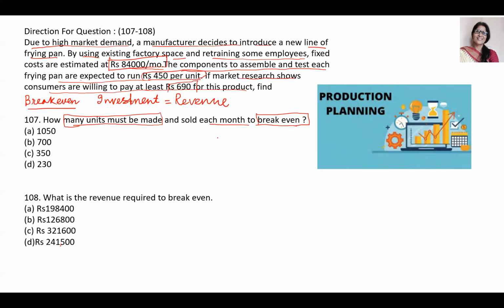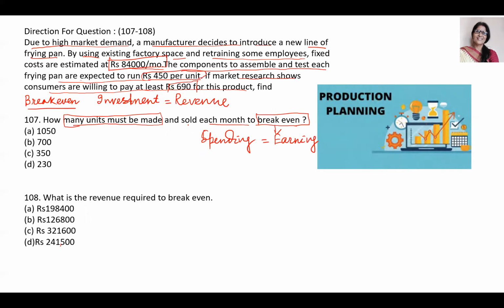In simple words, break even means when earning is equal to spending. I'm spending some money, and I'm getting the same as my earning. That means there is no profit. That time we say it is break even.